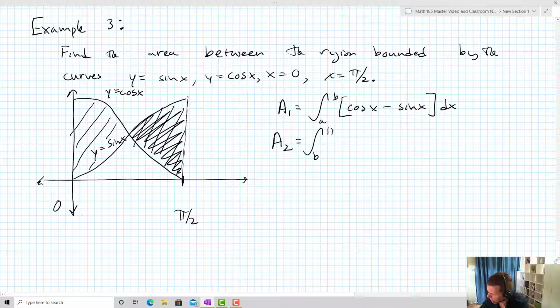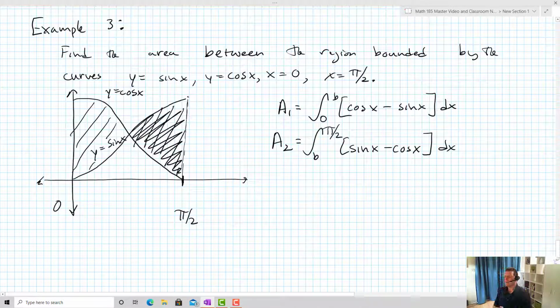Well, actually, it's going to go from b to pi over 2 if we look at it. And that'll go from sine x minus cosine x dx, because now sine x is the one on top. By the way, this first one actually doesn't go from a to b. It's going to go from 0 to b. So 0 to b of cosine x minus sine x, and area 2 is going to go from b to pi over 2 of sine x minus cosine x, because we switch which one is the top and which one's the bottom.